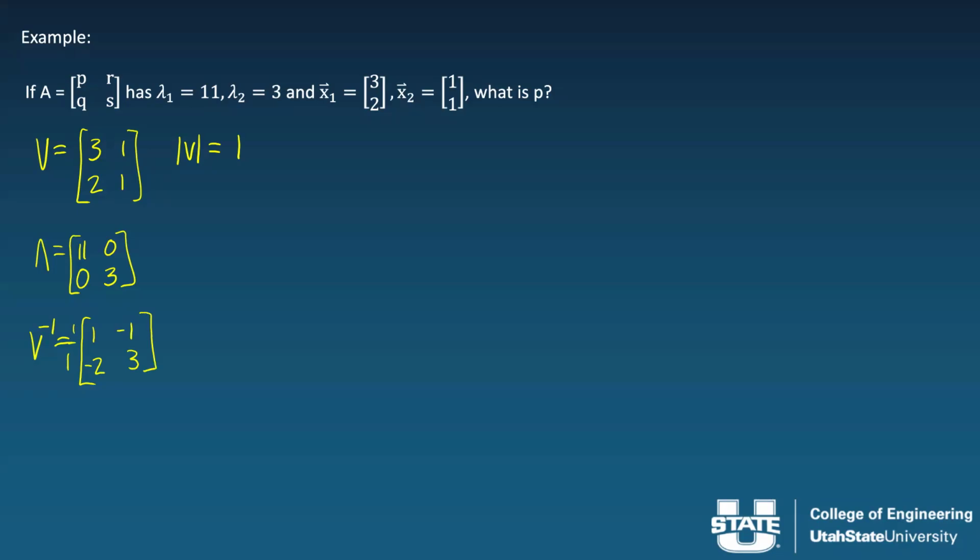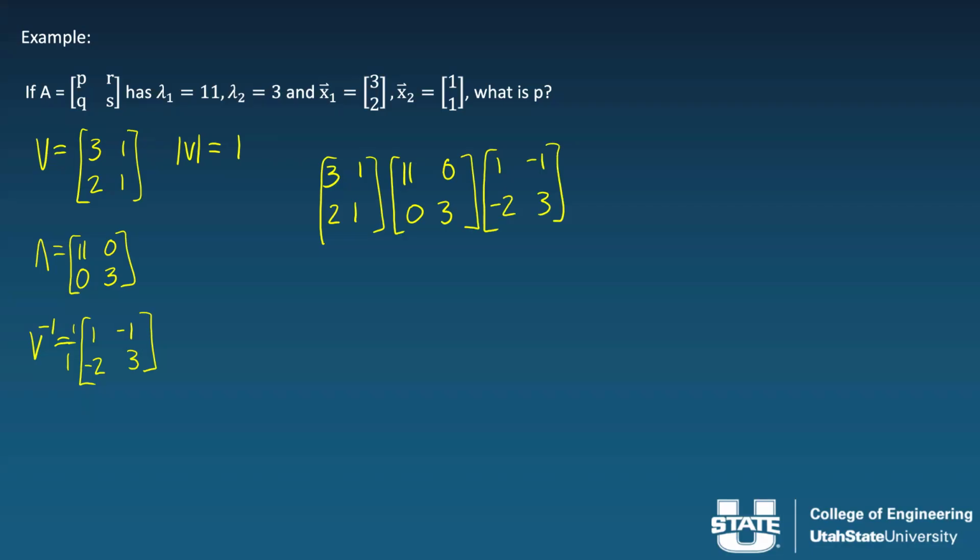And then from there, we can just multiply all these together, like the formula states. 11, 0, 0, 3, then 1, -1, -2, 3. And then we just do the matrix multiplication to get our A matrix.